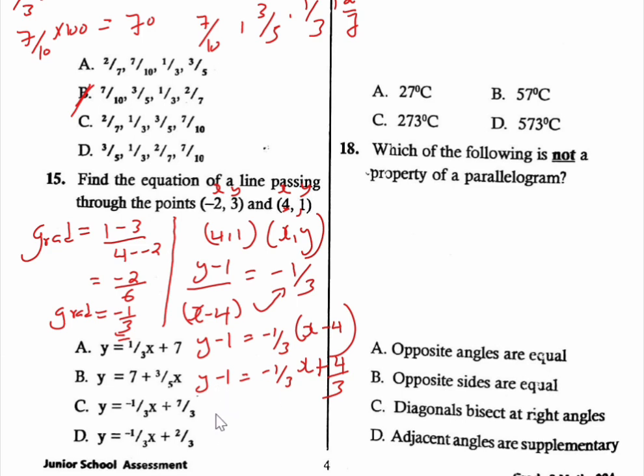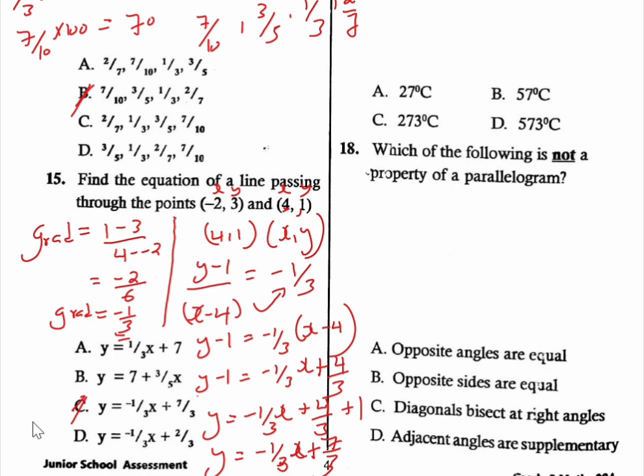So y is equal to negative 1 over 3 x plus 4 over 3 plus 1. 4 over 3 plus 1 is 7 over 3. When I look at the answers, C is y is equal to negative 1 over 3 x plus 7 over 3. Therefore, that is the correct answer.